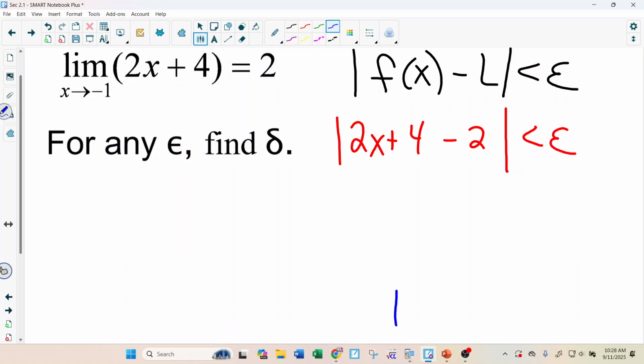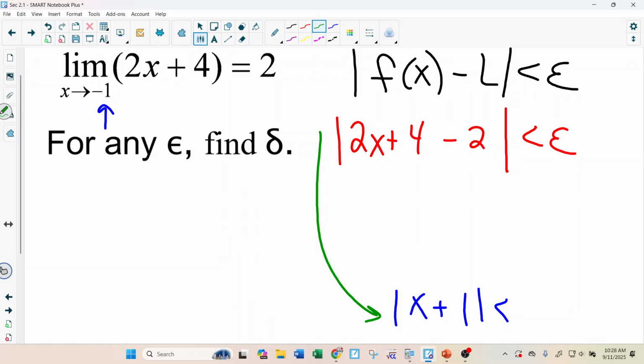So we're trying to get to x minus a -1, which is x plus 1. We are trying to do our algebra to get from here to there. Try that, see if you can figure it out. How do you combine like terms and factor to get from 2x plus 4 minus 2 down to x plus 1?